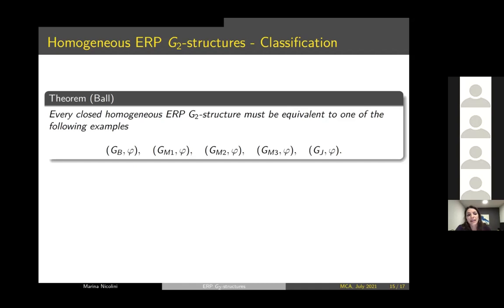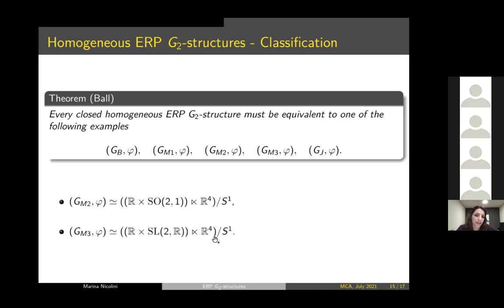And in this paper of Gavin, he found this homogeneous presentation of M2 and M3. And these presentations allow him to find more symmetries on these Lie groups, so they are pretty interesting.